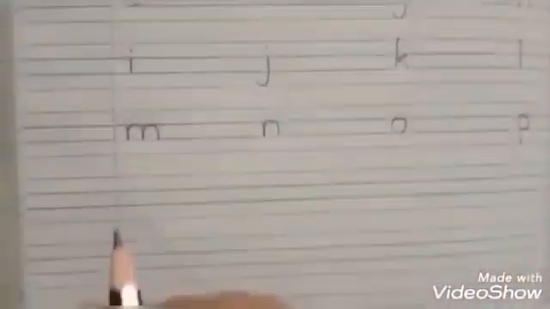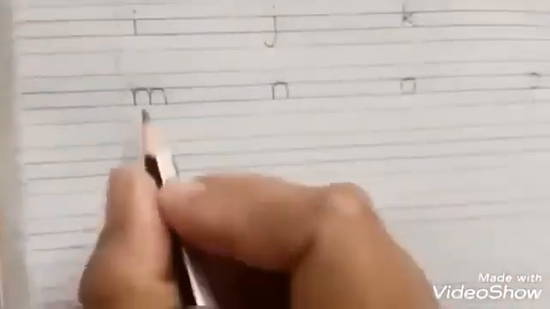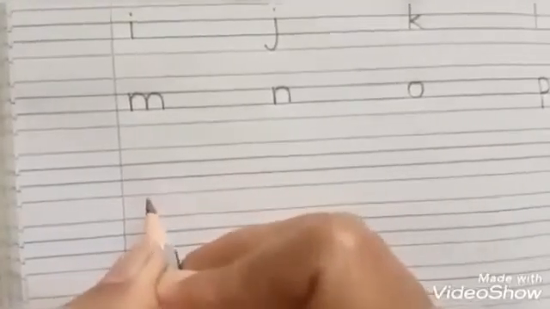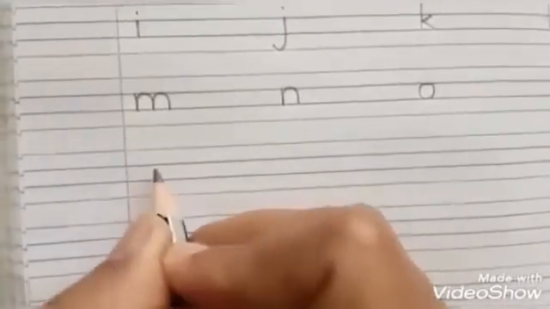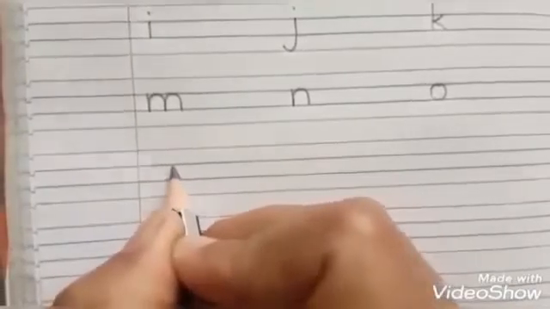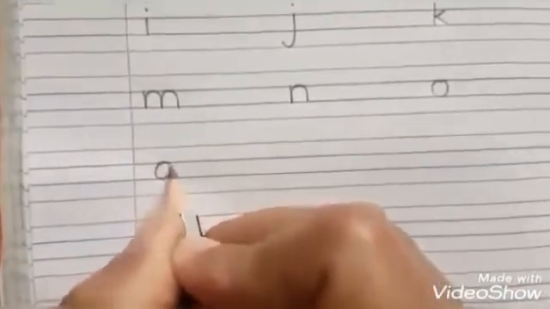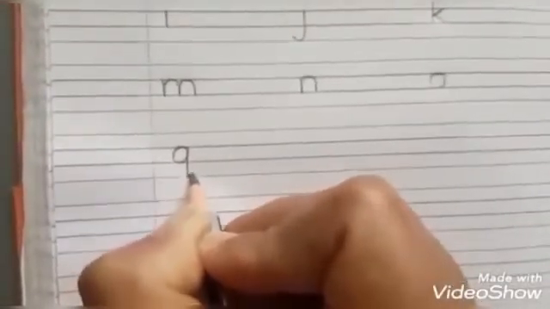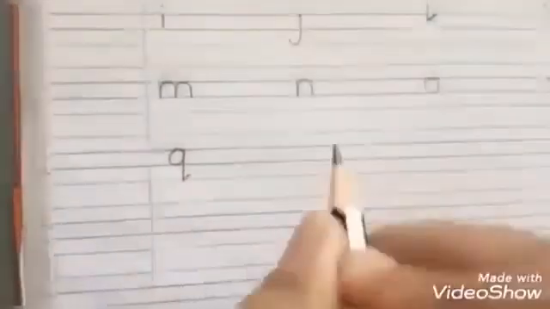Now after P, Q. Below M you will write Q. Again here you have to touch the bottom red line, so you will start from the first blue line. C, go up, come down, and a small slant line towards right.